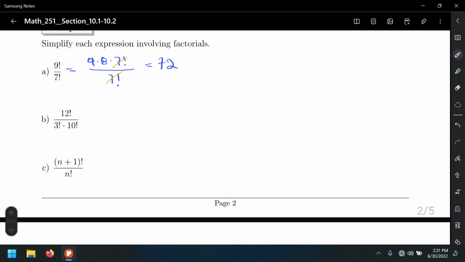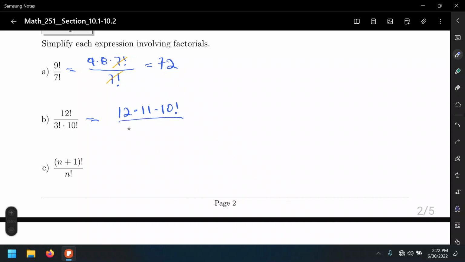Let's have a look at the next one. Letter B, 12 factorial divided by 3 factorial times 10 factorial. The 3 factorial in the denominator is fine because that's 3 times 2 times 1, which is 6. No big deal. However, the simplification would go with the largest of them, in this case the 12 factorial and the 10 factorial. So we would like to get rid of the 10 factorial by expanding the 12 factorial the following way: 12 times 11 times 10 factorial, because this 10 factorial matches the one in the denominator.